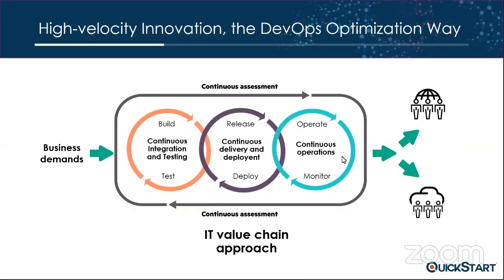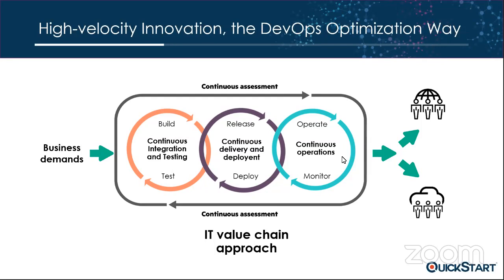the high velocity innovation. If we would like to really apply DevOps in our company, we need to consider these three circles: continuous integration and testing, continuous delivery and deployment, and continuous operations. On each circle we have the build and the testing, and as you know, we have several tools to manage that.